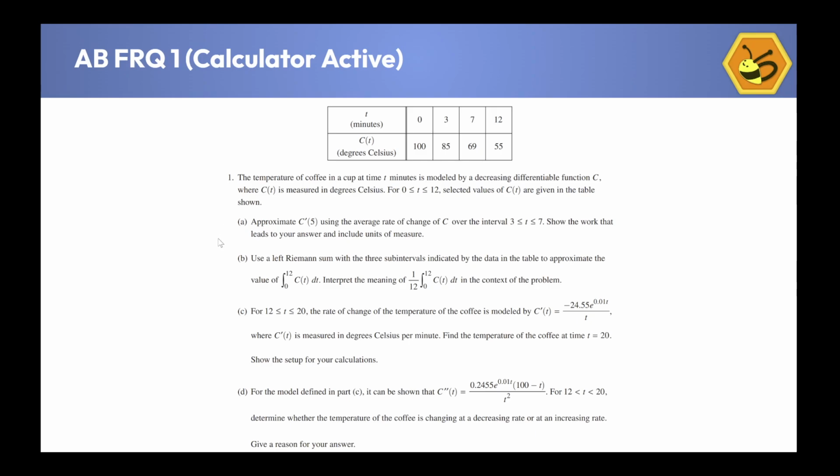Part A: approximate the derivative of C at 5 using the average rate of change of C over the interval [3, 7]. Show the work that leads to your answer and include units of measurement. Let's do part A now, and you may send your answer in the chat with bullet text.